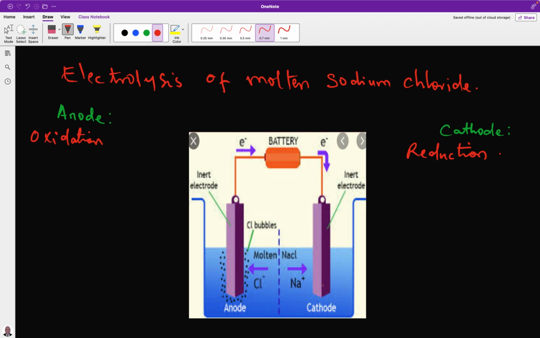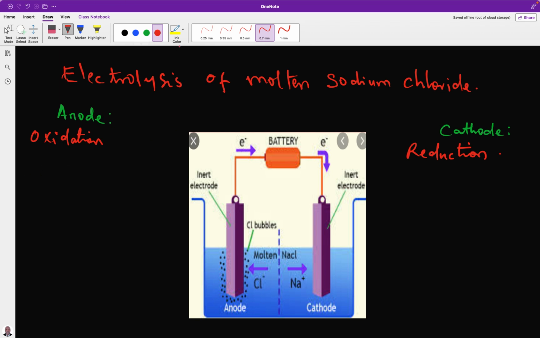So at the cathode, what happens? At the cathode, there is a sodium ion that is deposited there, and at the anode, there is the chloride ion. So at the anode, what happens? The chloride ion will undergo oxidation, loss of electron.